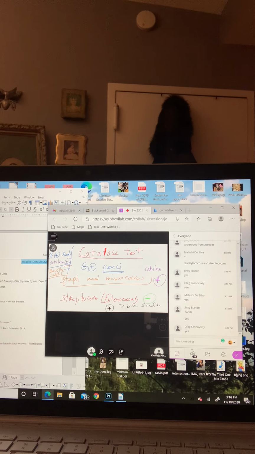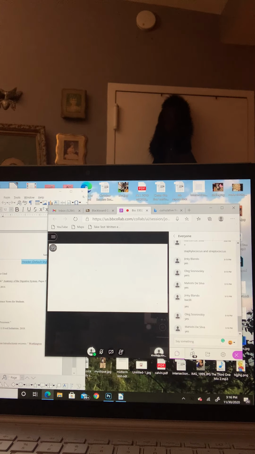Okay, good. So for the oxidase test, I think it's the last one here. The oxidase test is used to distinguish the gram negative.